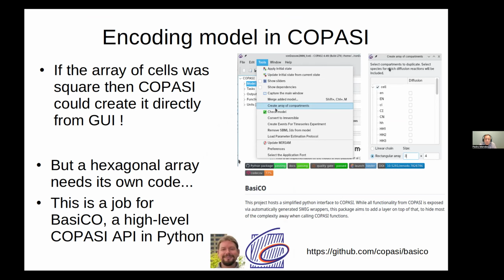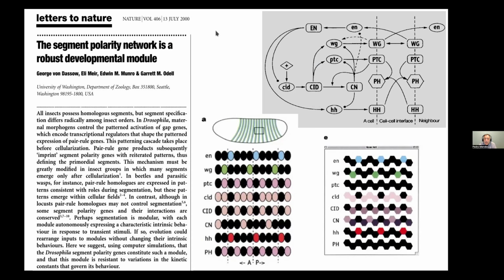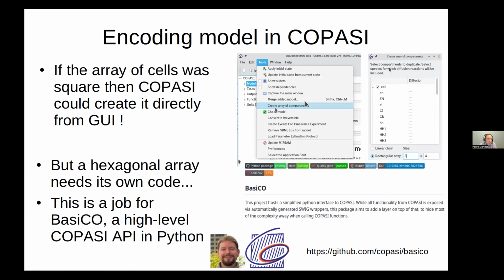And just before I go further, let me say that had they constructed a network with square cells rather than hexagonal cells, we could already do this directly from COPASI. COPASI allows you to create arrays of compartments. You start with one compartment, and then you say multiply this into a bigger array, and it copies all the reactions in that compartment to a larger number of compartments.